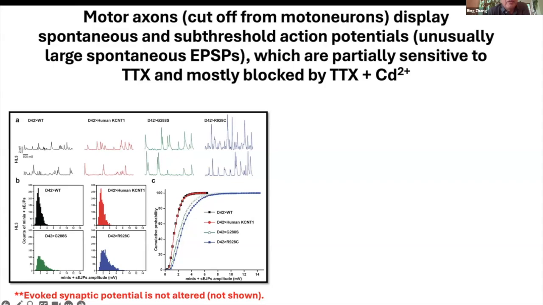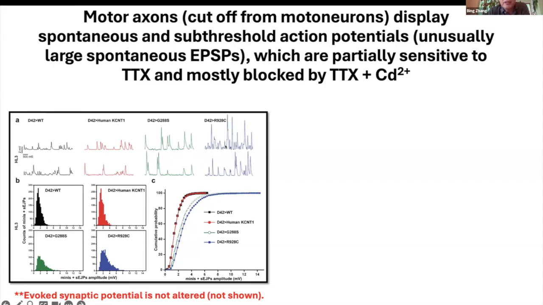This is very typical of what happens in wild type and the control human KCNT1 conditions. You can see a specific miniature potential and frequency. However, when we overexpress this in motor neurons, with two of these mutations, you can see these amazing large events. This is not a miniature potential.